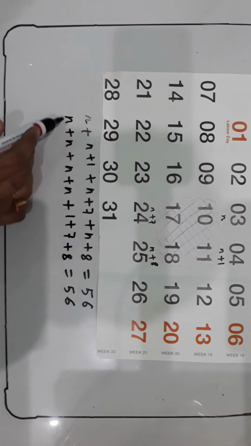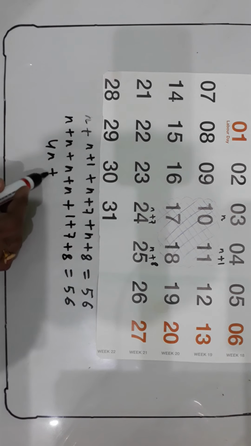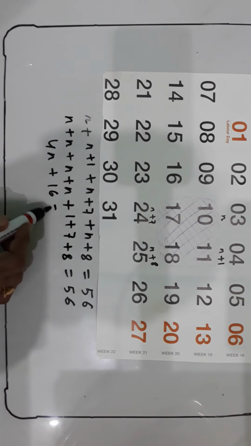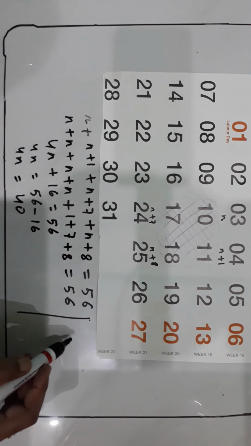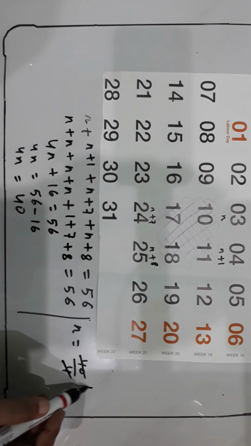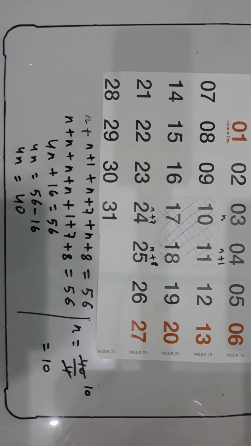Now this is 1, 2, 3, 4, so it becomes 4n plus 1 plus 7 is 8, 8 plus 8 is 16, equals to 56. So 4n equals to 56 minus 16, and this gives you 40. In this way you can clearly see that n equals to 40 by 4, and when you divide 40 by 4 you get 10. So in this way you can clearly get the first date as 10.